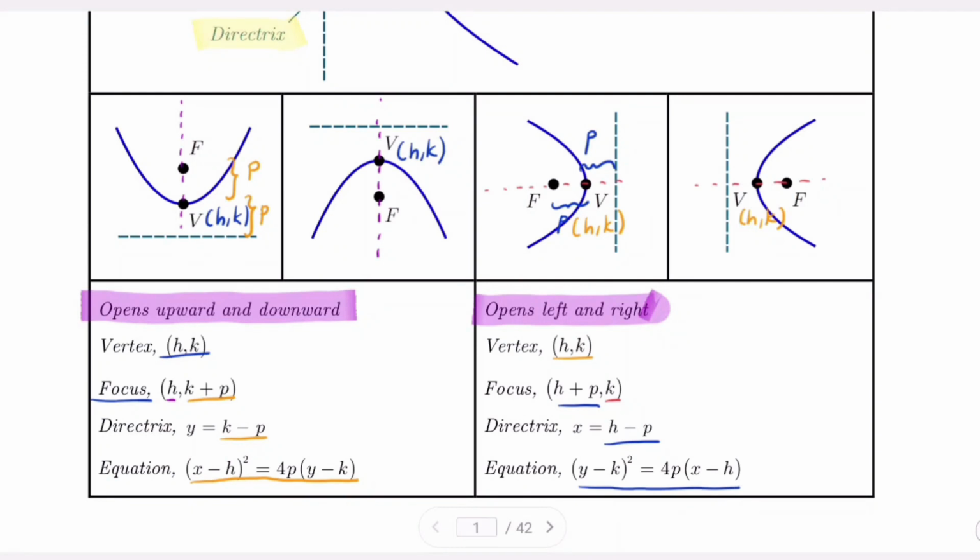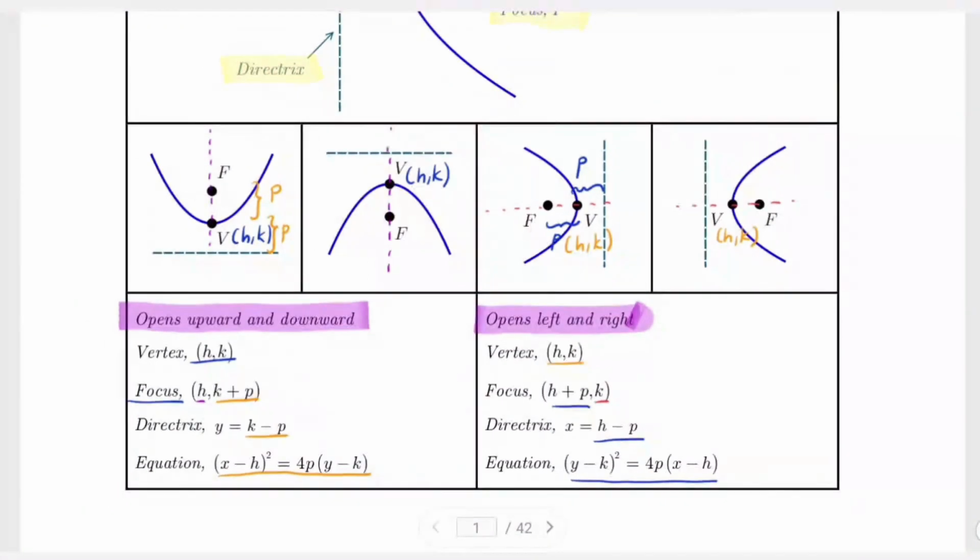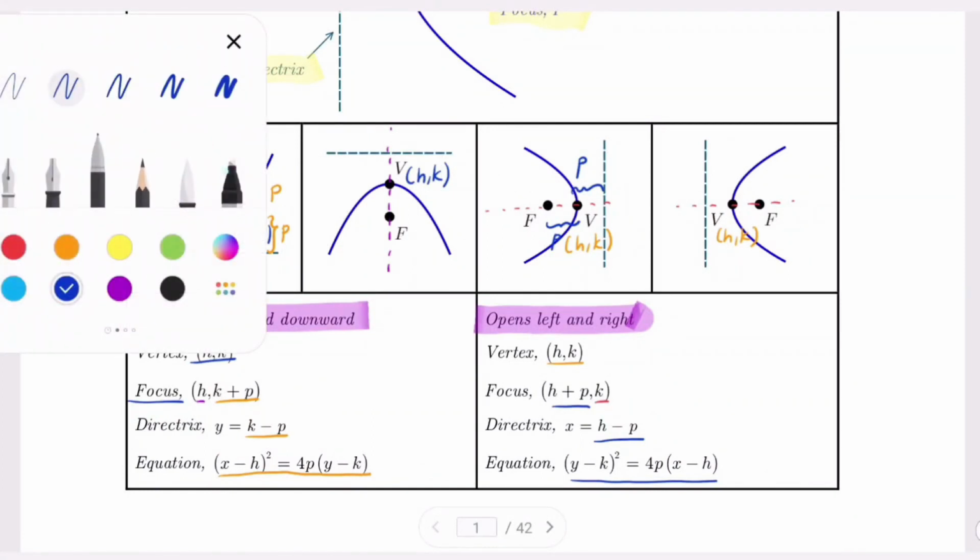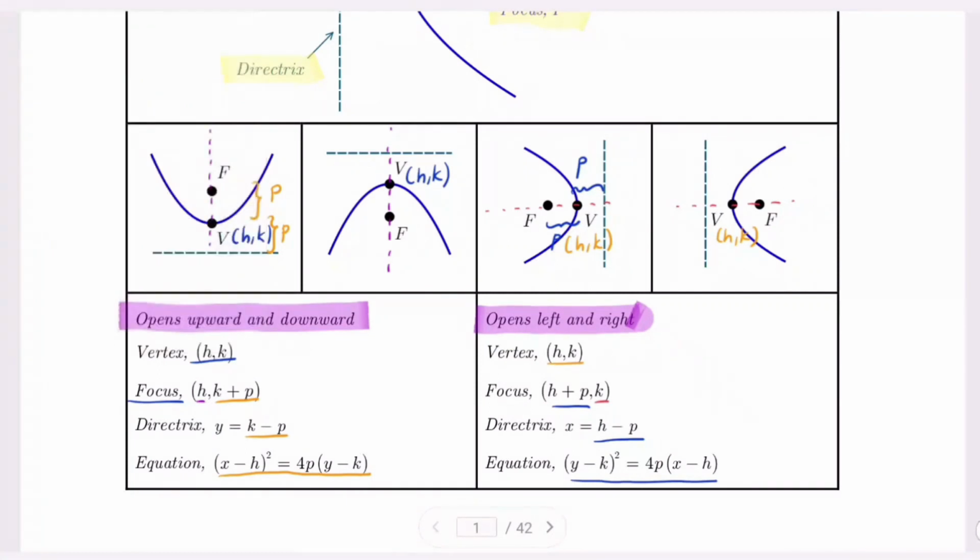But do we have to actually memorize all of this? Basically you only have to know these 2 equations. If it opens upward and downward, it will be x minus h squared equals 4p times y minus k. If it opens left and right, it's going to be y minus k squared equals 4p times x minus h.